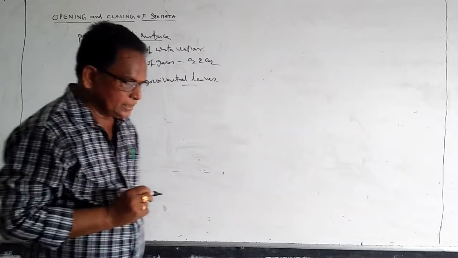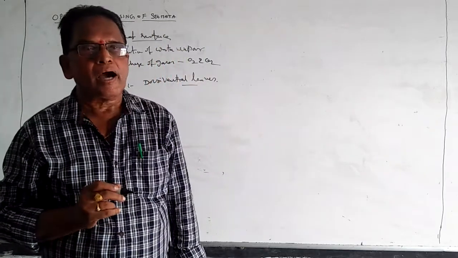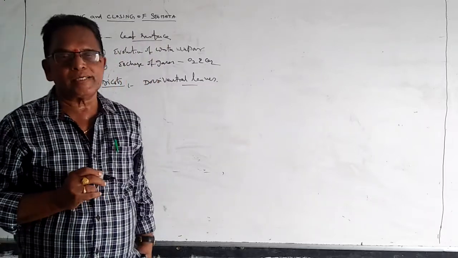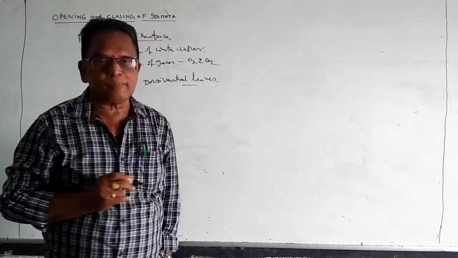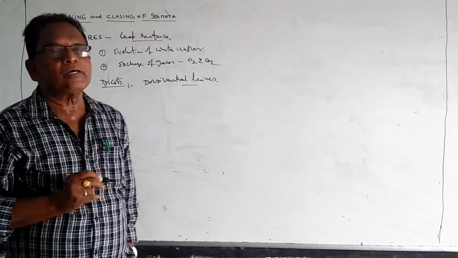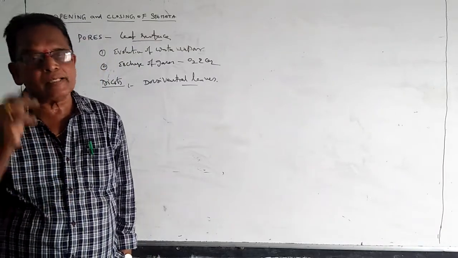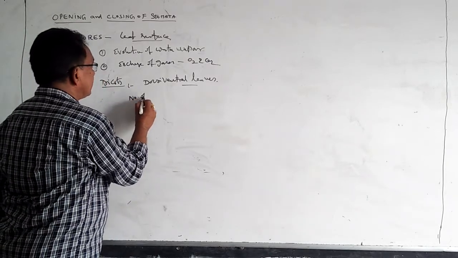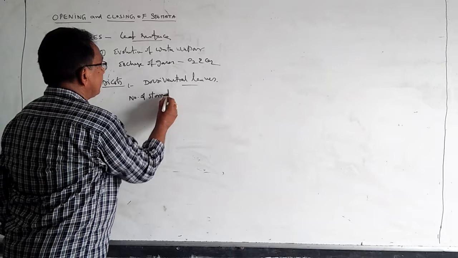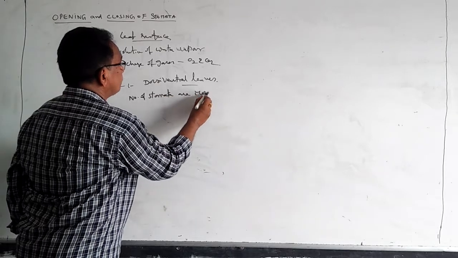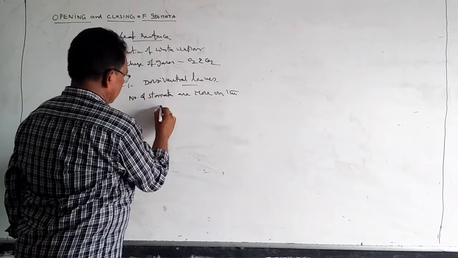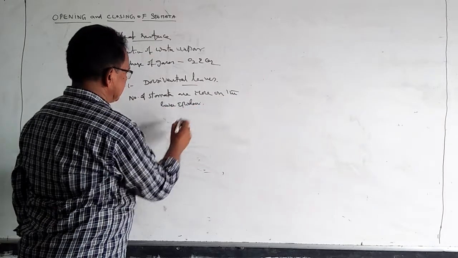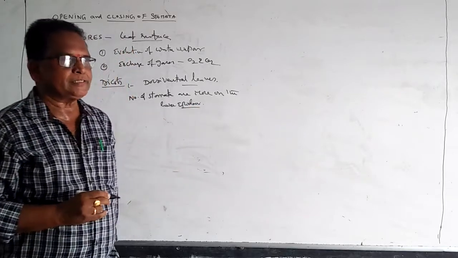In this case, the stomata occur on both the surfaces of the leaf, but the number of stomata is more on the lower surface when compared with the upper surface. So in dorsiventral leaves, the number of stomata is more on the lower epidermis when compared with the upper epidermis.